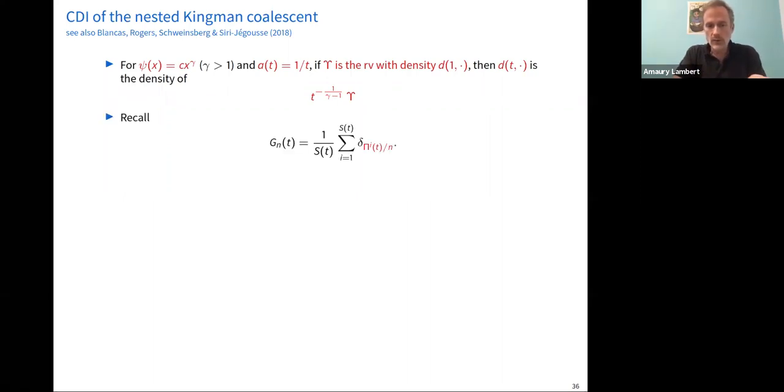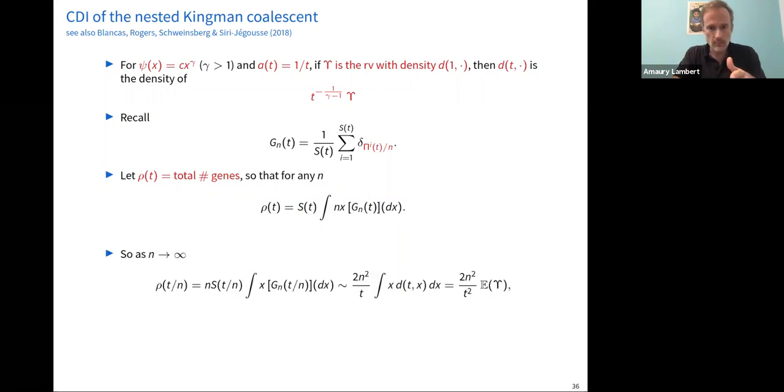And if you recall that Gn of t is defined this way, then I am a little behind, so let me accelerate. So if you call rho of t the total number of genes, then you can show that actually rho of t goes down from infinity like 2 over t squared times some universal constant.